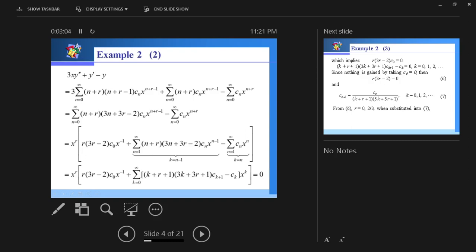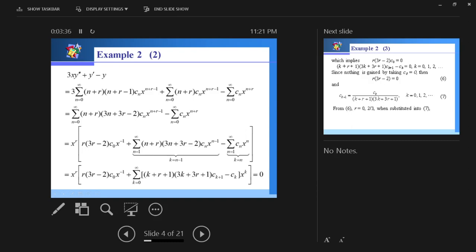And x^r is outside the bracket, and the summation goes on here: r(3r-2) c_0 x^(-1) plus summation n = 1 to infinity (n+r)(3n+3r-2) c_n x^(n-1) minus summation n = 0 to infinity c_n x^n.